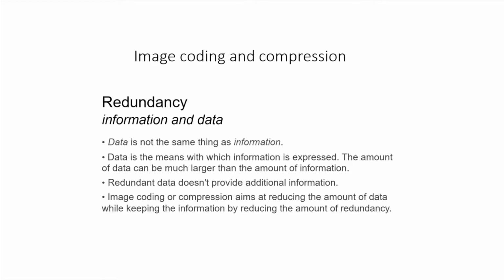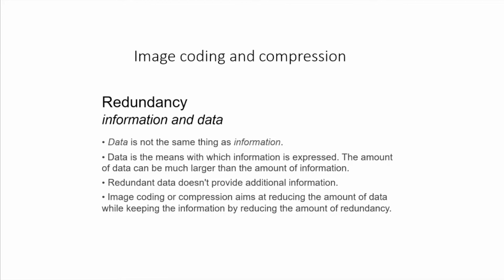So when you do image coding or when you do compression, you try to reduce the amount of data while you want to keep the total information. So you don't want to reduce your information, but you want to reduce your data so that it takes less space on the disk or in memory. So then you try to reduce the amount of redundancy.